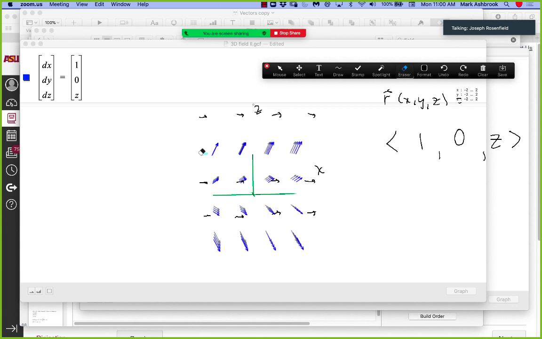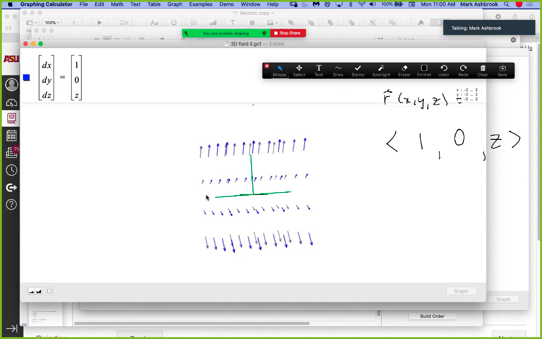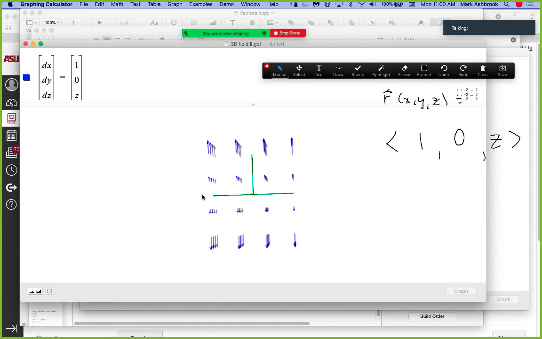Can you go real quick at why y is equal to 0? Sure. Let me just give us a different view here. You wouldn't be able to see it in this view because we're looking right down the y-axis. So you can't see any change in these vectors in the y direction. But if I spin and look at the yz plane, this is now looking right down the x-axis.